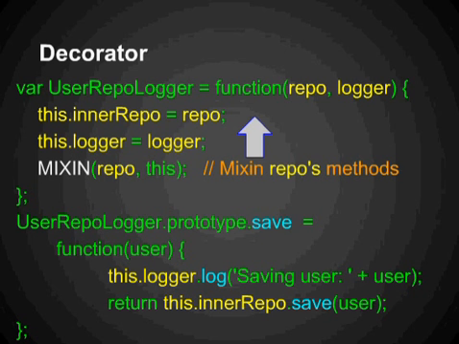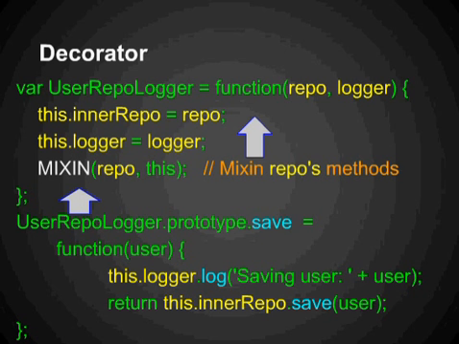The constructor function takes two things. It takes a repo, a user repo object. We don't care which one because we're just programming to interfaces. And it's going to take a logger object. And again, we don't care which one. Doesn't matter.